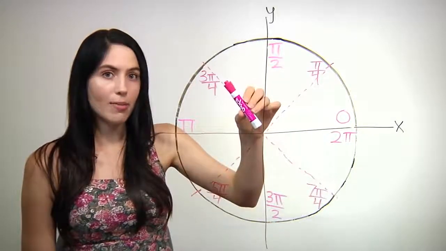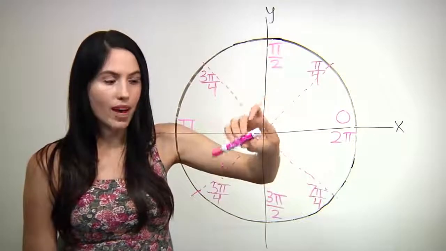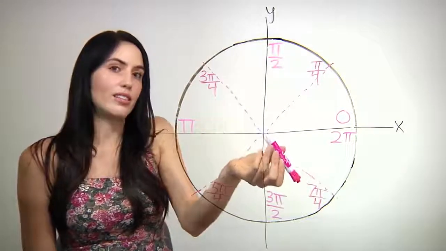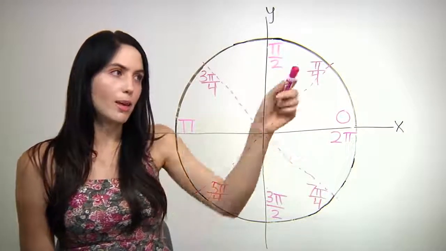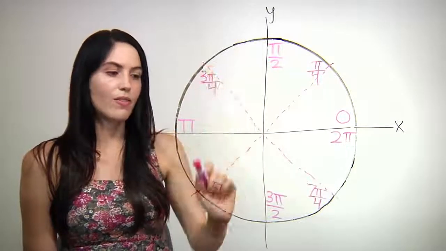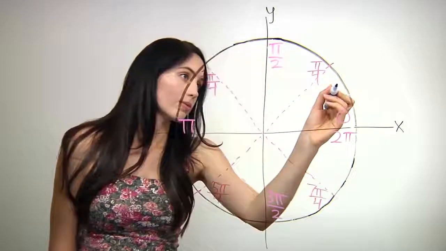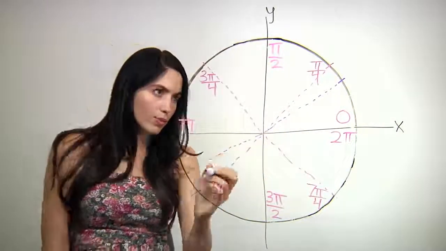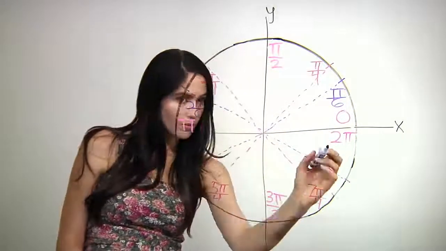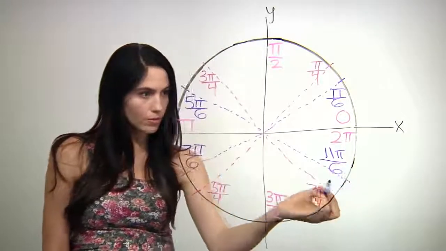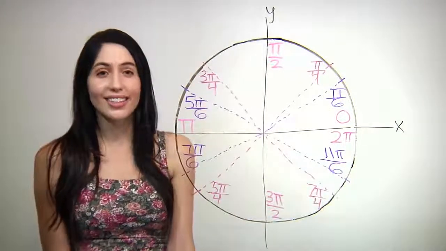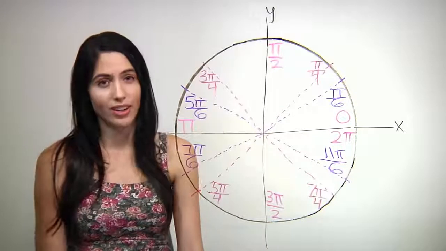Next one is 3 pi over 4. Then 5 pi over 4, then 7 pi over 4. Notice that pattern: 1, 3, 5, 7. So as you can see, this is rapidly turning into a disaster.